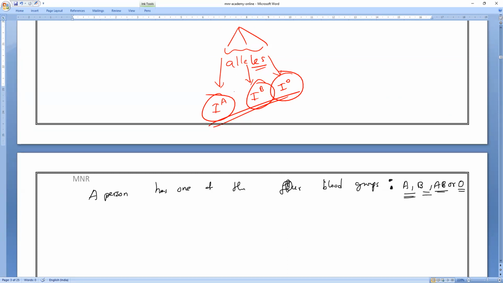Now let us take this. The first two, I power A and I power B, we call dominant over the gene. Clear, everybody?